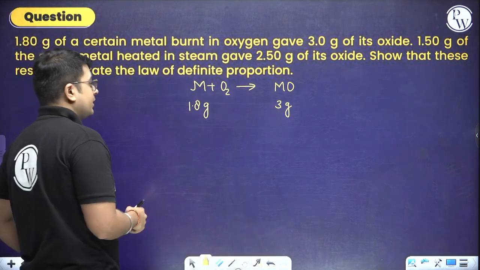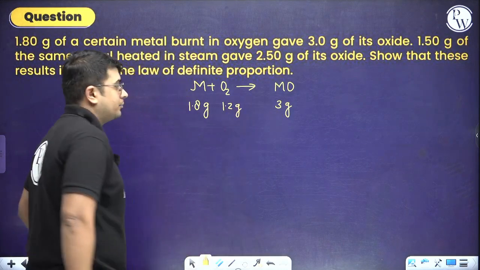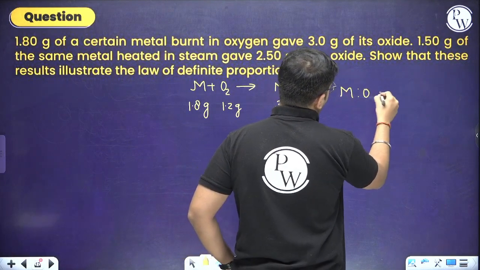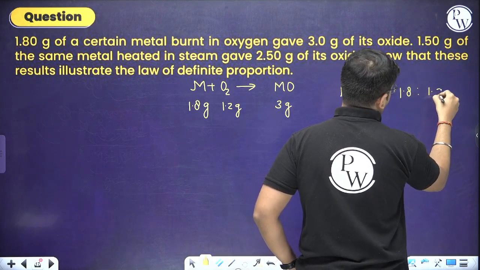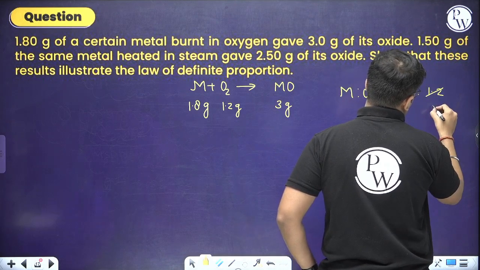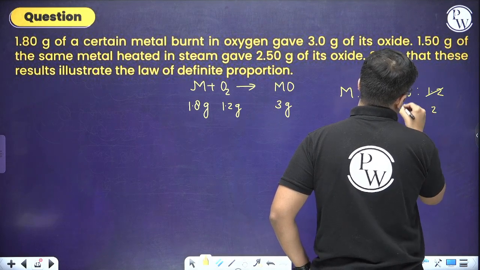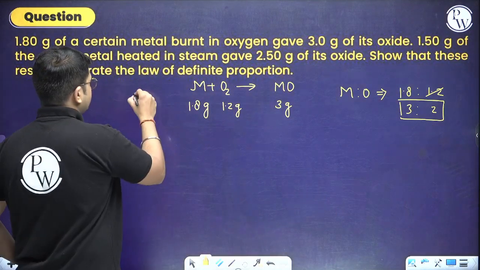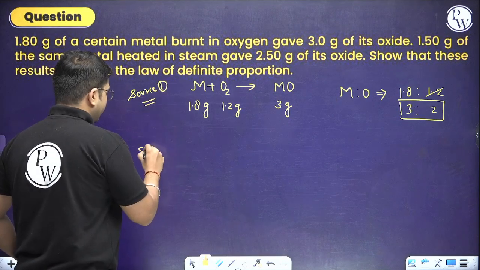It means the oxygen taken in this case will be 3 minus 1.8, which is 1.2 gram. So the ratio of M to oxygen will be 1.8 to 1.2, that will be 3 to 2. So in this situation we have a 3 to 2 ratio. This is source 1.